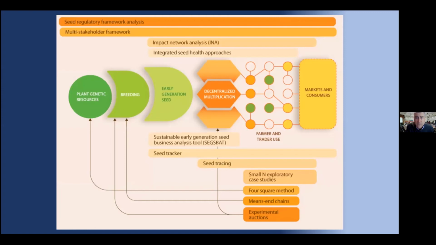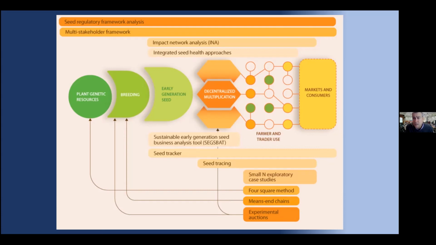That is having good linkages between the breeding programs that are breeding varieties responsive to farmers' priorities, and sustainable systems to produce early generation seed, either through the public sector, the private sector, or partnerships between the two, but in a way that's economically sustainable, so that those early generation seeds are produced and sold in a way that generates revenues that allows their continued production.